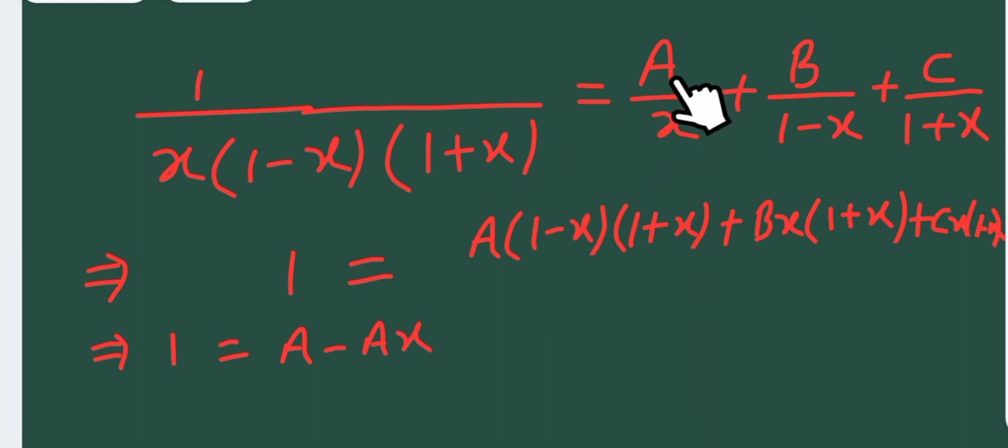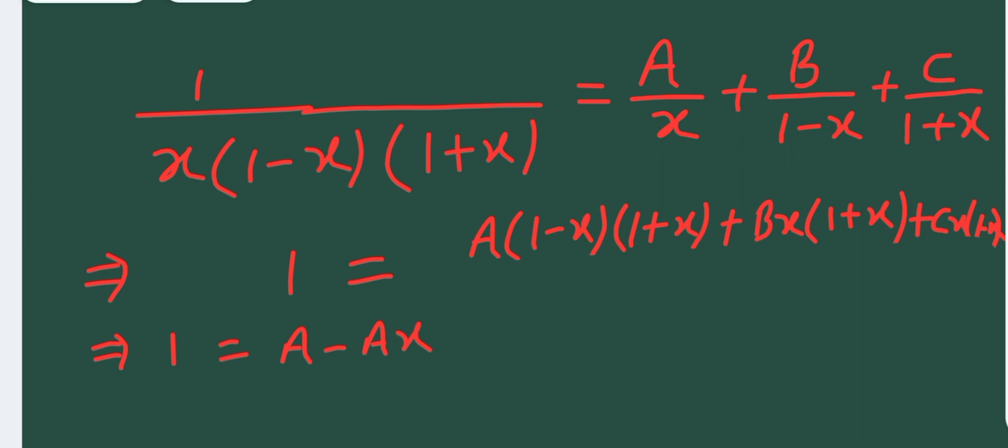To get the values of a, b and c. Suppose a is 2: then 2 upon x, its integration we can do easily. 2 will come out, and the integration of 1 upon x dx will be log x. Similarly, suppose we get some values of b and c. To get the values of a, b and c, we are doing these steps, okay?